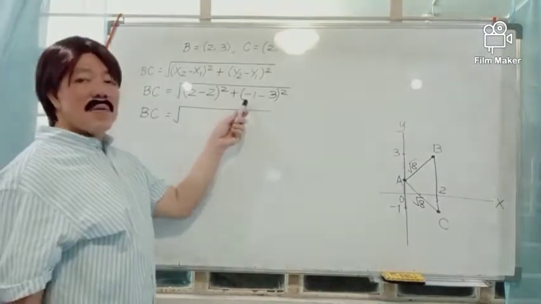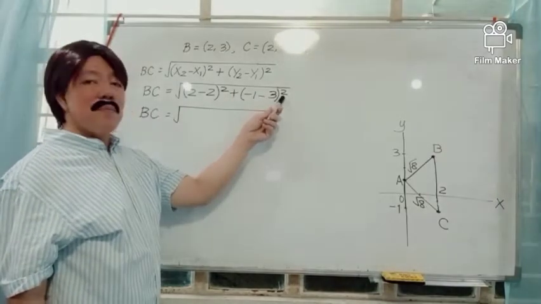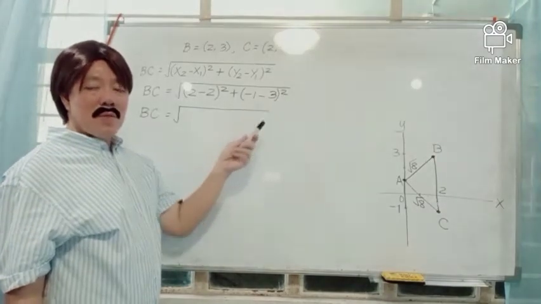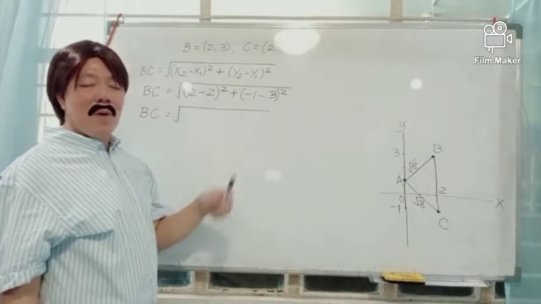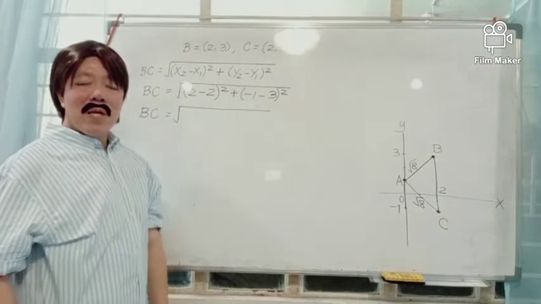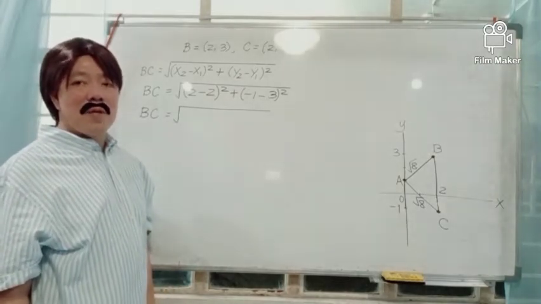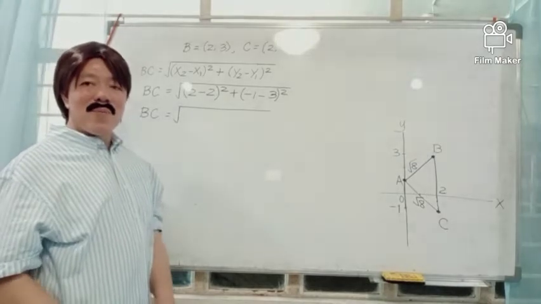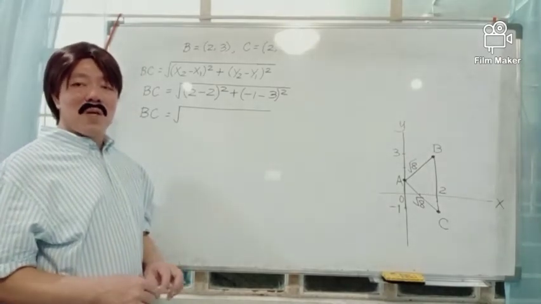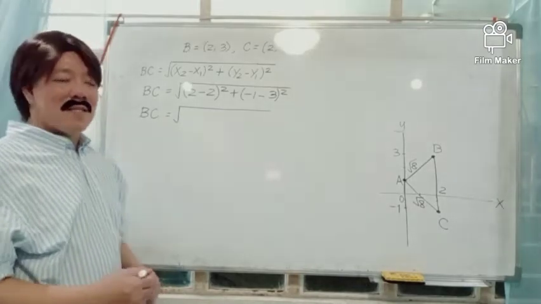The second term, negative 1 minus 3 is negative 4 to the power 2. The square of negative 4 is 16, or by property of exponent, the square of negative 4 equals the square of negative 1 times the square of 4. But the square of negative 1 is positive 1 times the square of 4, which is 16. We get 16.